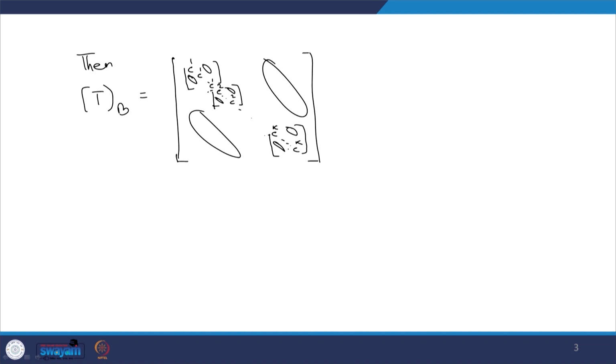In this case, if you want to calculate the characteristic polynomial, what will it be? Suppose I write this matrix as capital D. Then the characteristic polynomial of D will be the determinant of D minus xI.